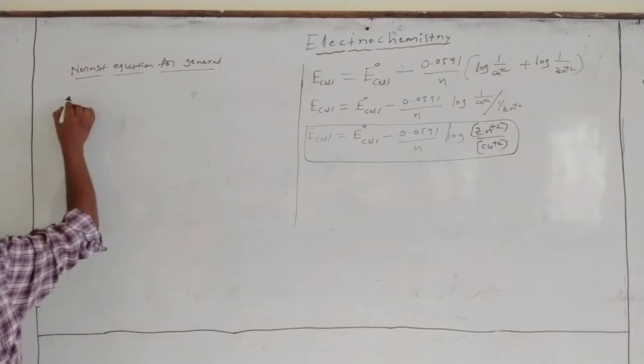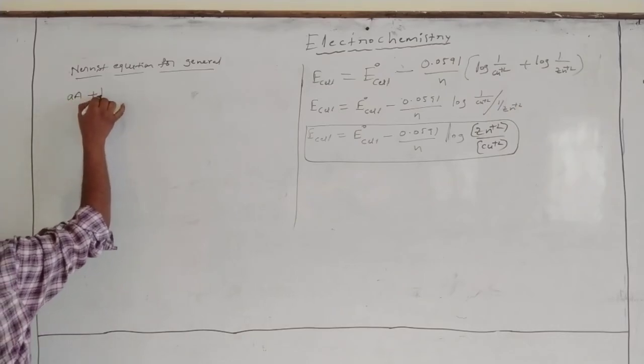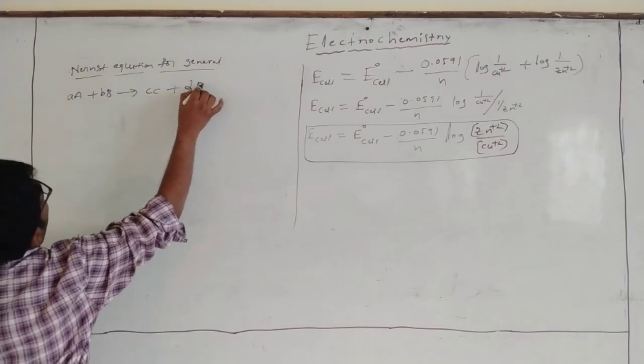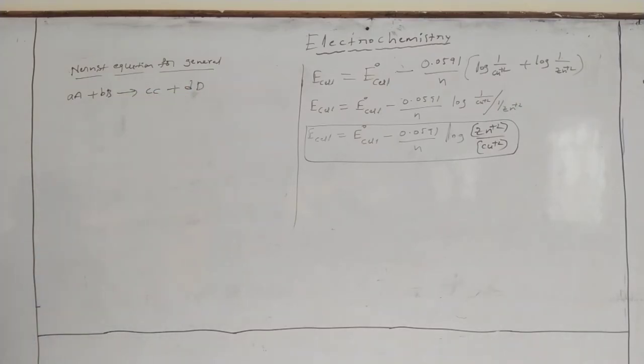For example, aA plus bB gives rise to cC plus dD. This is the equation.